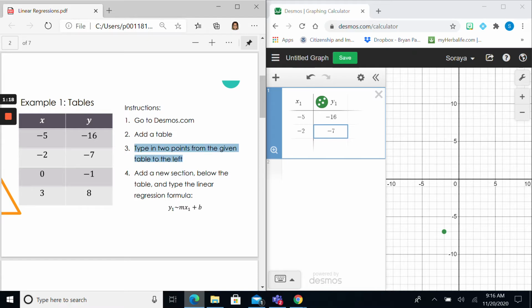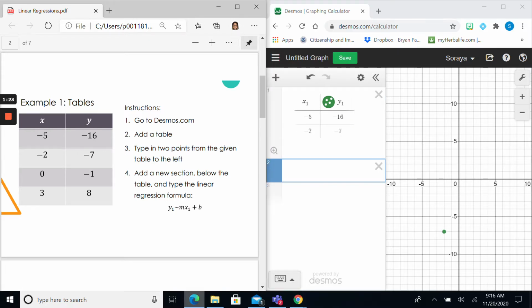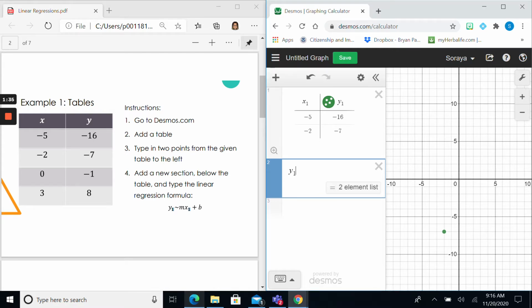Now for our last step, we want to go ahead and add a section down here below our table. And you want to type this formula down here. Okay, so we're going to type in y1 using your keyboard. And then for that squiggly line, there's 2 ways you could do it.